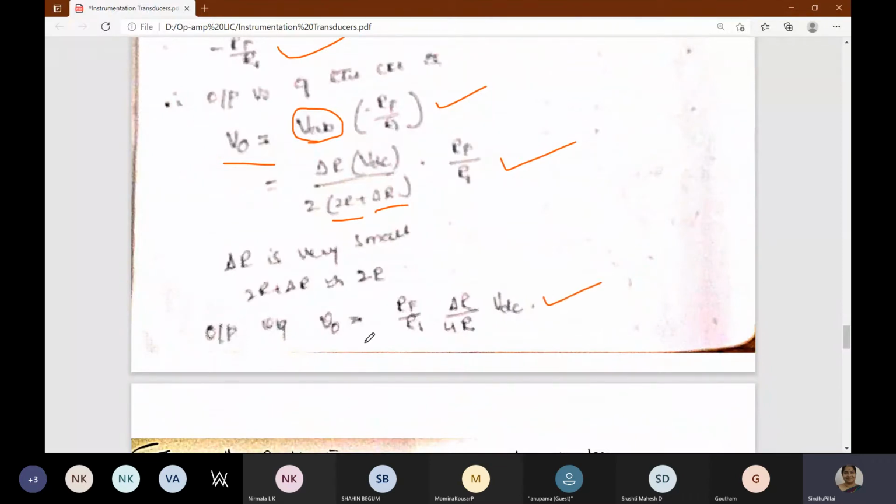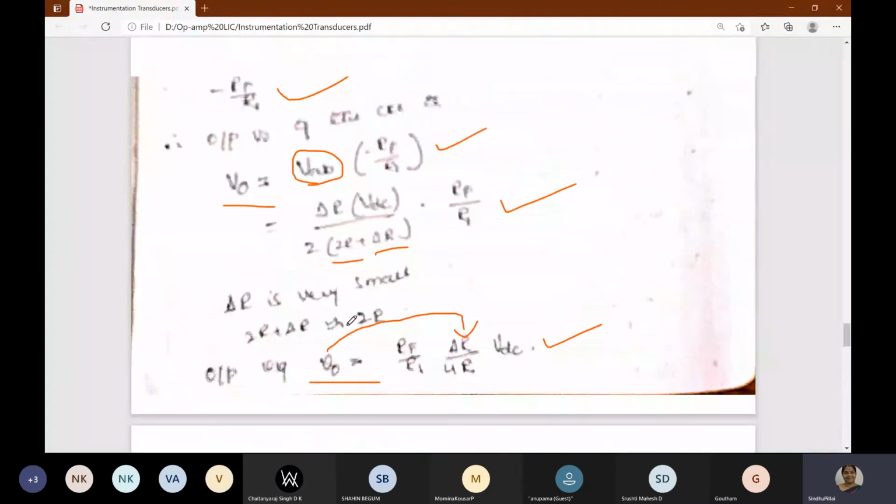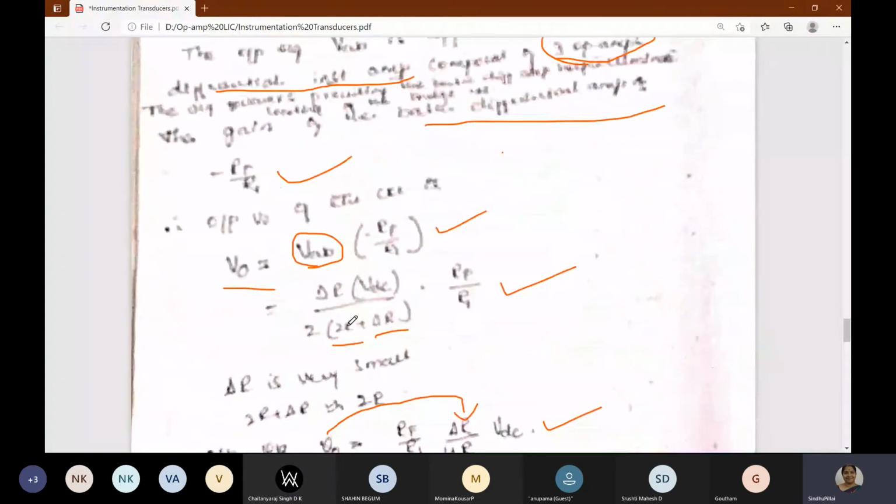See here, we can see that the output V0 is directly proportional to the change in the resistance delta R. This V0 is the final output after the differential amplifier, the output of the instrumentation amplifier. VAB is the output of the bridge circuit.